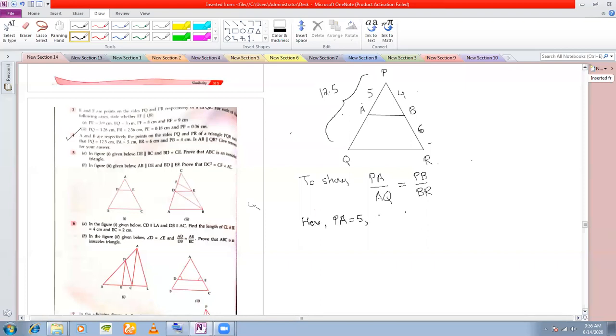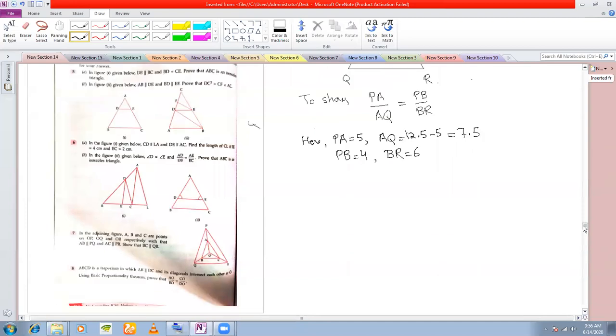How much is AQ? AQ is 12.5 minus 5, which is 7.5. PB is 4. And BR is 6. All measurements are in centimeters, you'll write centimeters also.